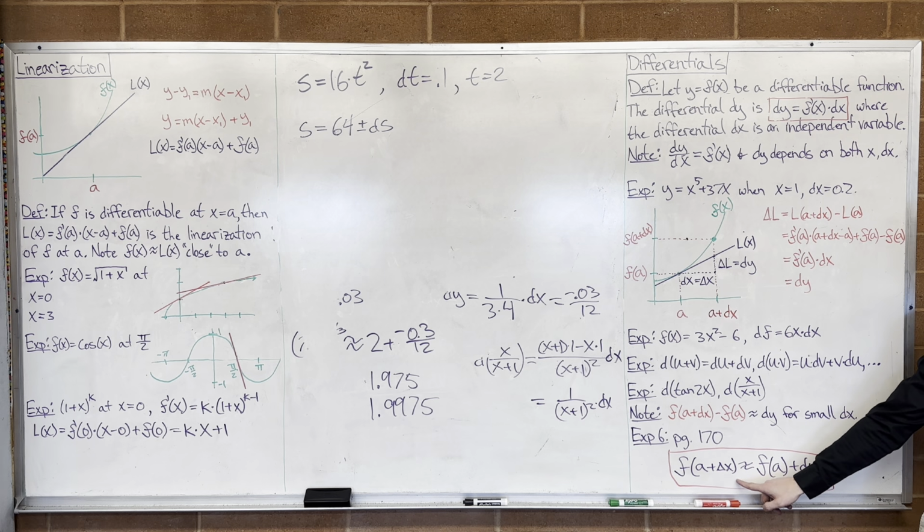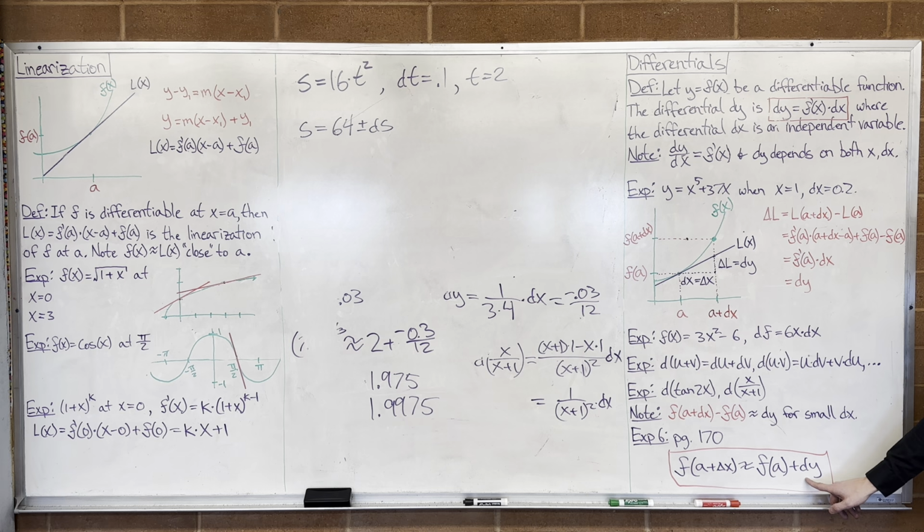Our approximate position is going to be what we actually get from plugging in our number, plus our little error here. It's not technically the error. It should be dt. No, it should be ds. Look.